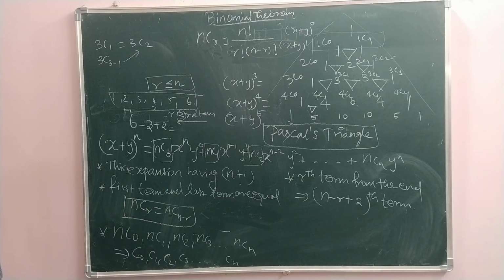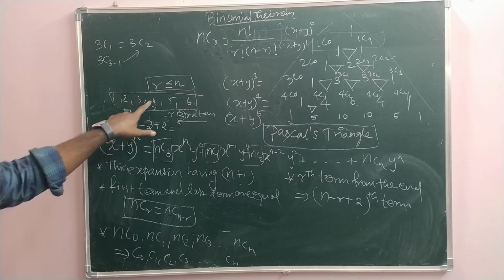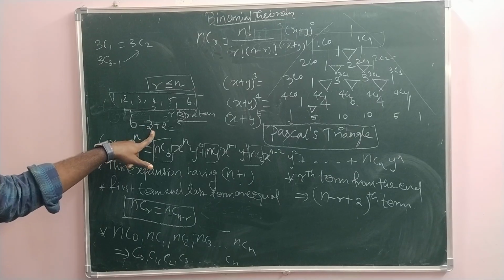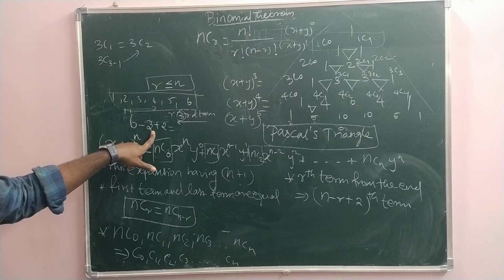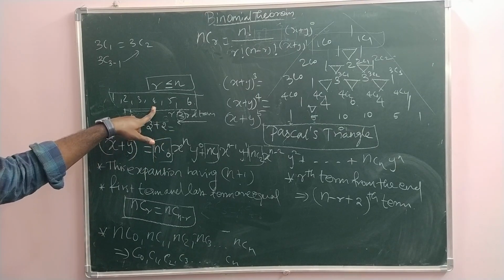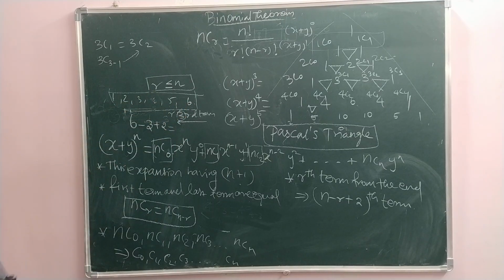No, the 3 is the r value. But I am asking the third term from the end, right? Totally we have 1, 2, 3, 4, 5, 6 numbers. Then 6 minus 3 plus 2. Third term from the end is what? 4. This is the answer.